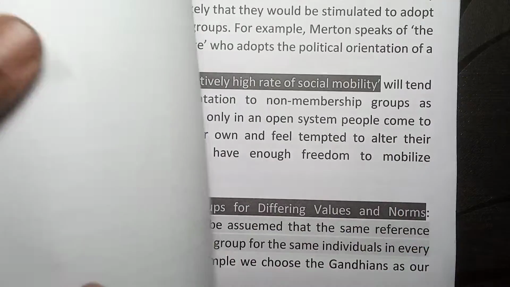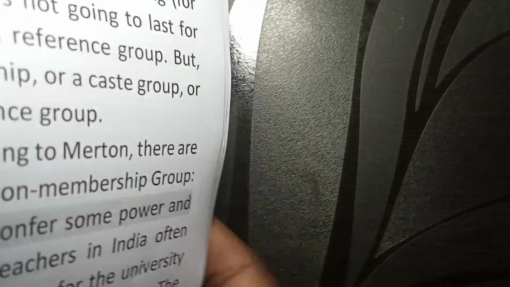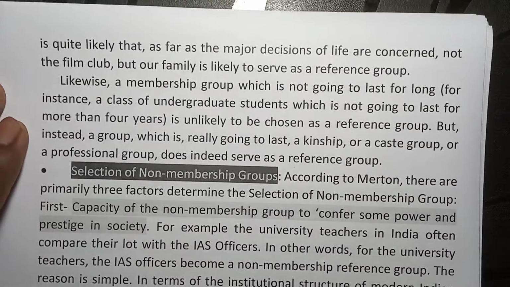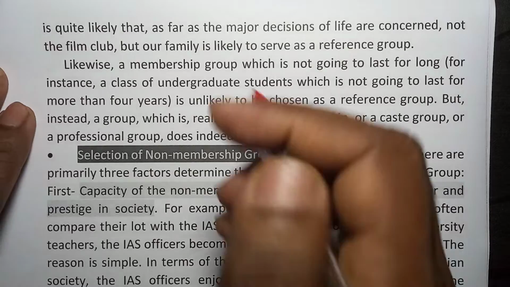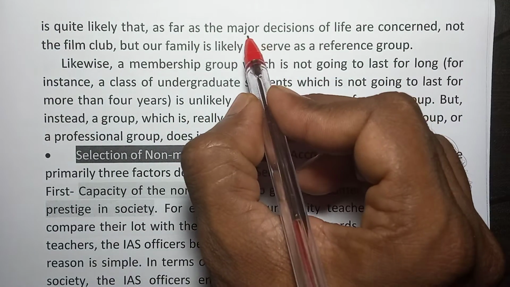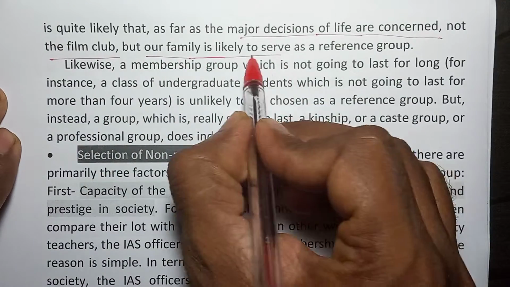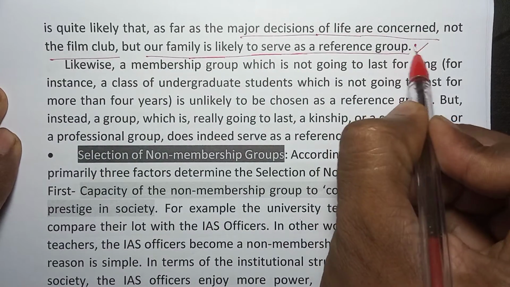So it is quite likely that as far as the major decisions of life are concerned, not the film club but our family is likely to serve as a reference group.